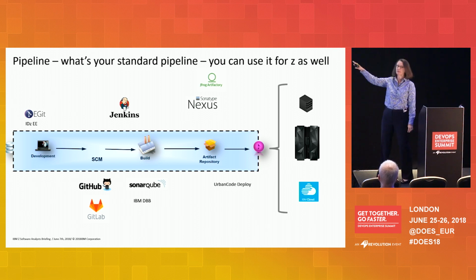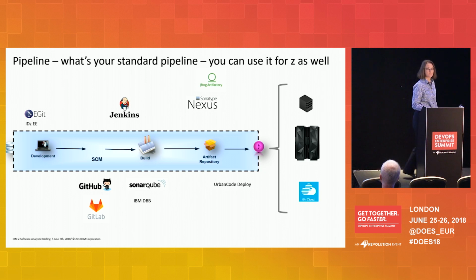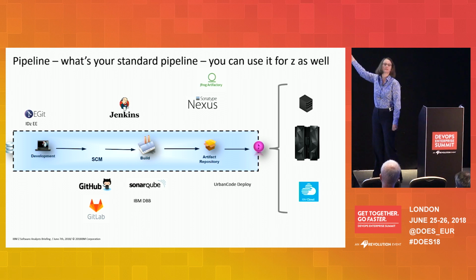So you have the capability of taking whatever your pipeline is and putting it in the picture. And so z/OS really is just another target. All of the processes and practices that you use today, test-driven development, take your choice of practice that you're using on the distributed side, you can just do it on the z/OS side.